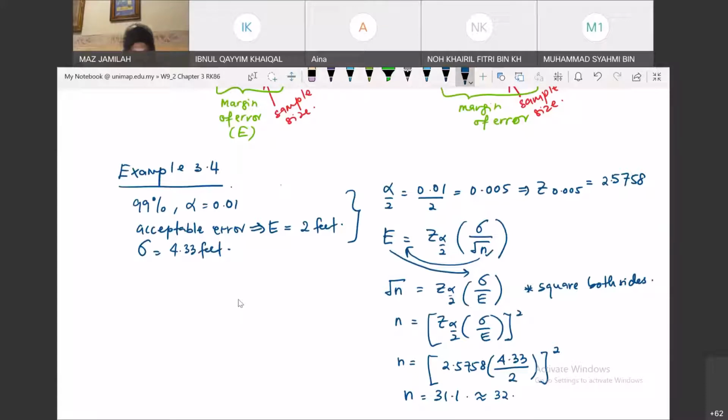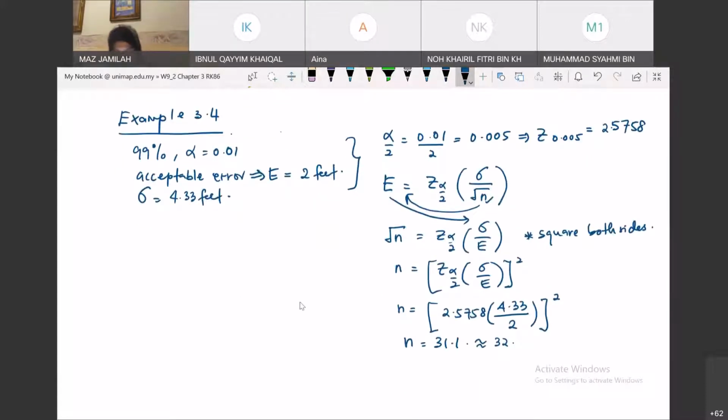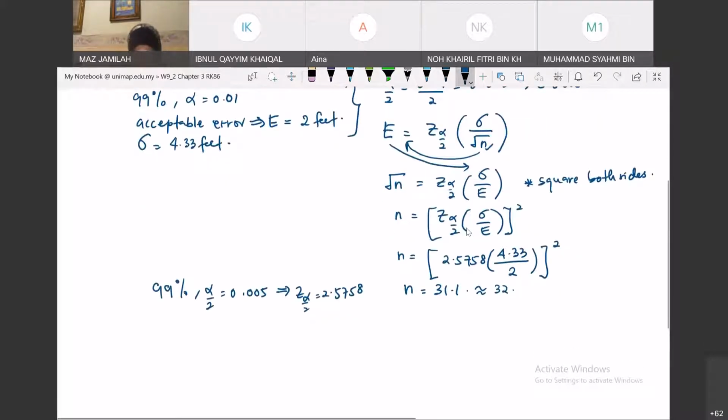What if it involves the proportion? Now before that, if we are talking about 99%, your alpha over 2 is 0.005, and your Z alpha over 2 is 2.5758. Now class, if you reduce the confidence level to 95%, what happens?